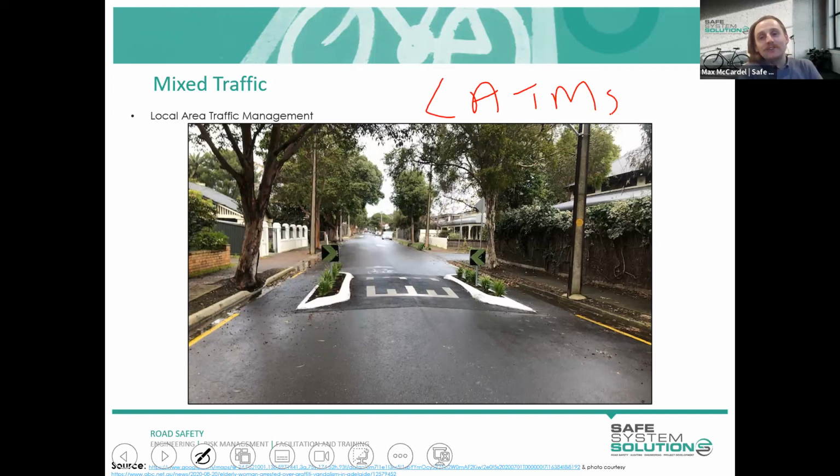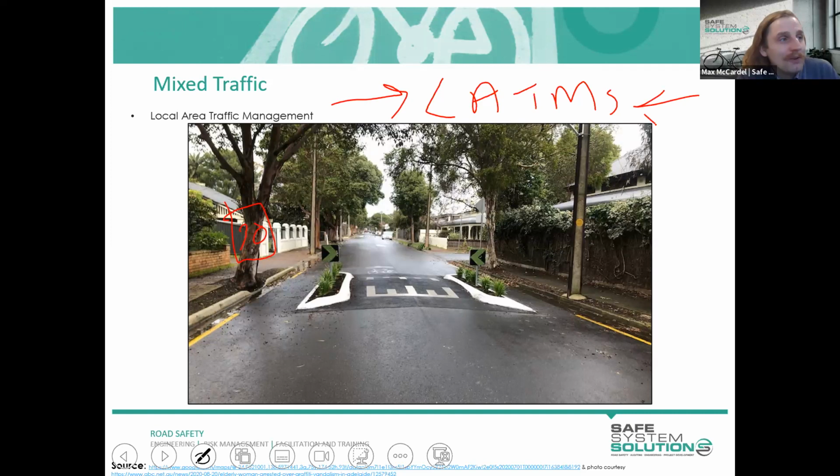LATMs, local area traffic management treatments. Basically, what can we put in to ensure that speeds are going to be reduced? Because if you just put up a sign that says 30 or 40 or whatever it is, people are very unlikely to follow that, and it's unlikely to have a significant reduction in speed. So the way to achieve that is through LATMs.